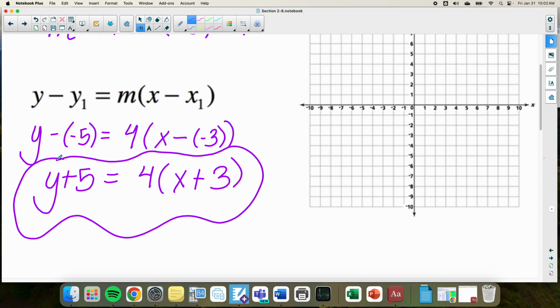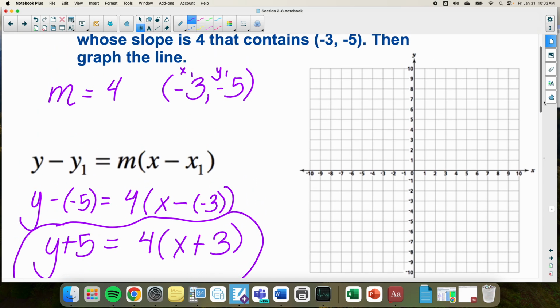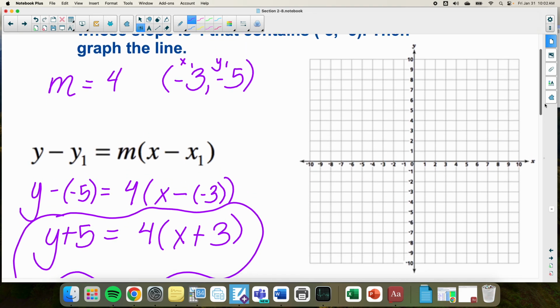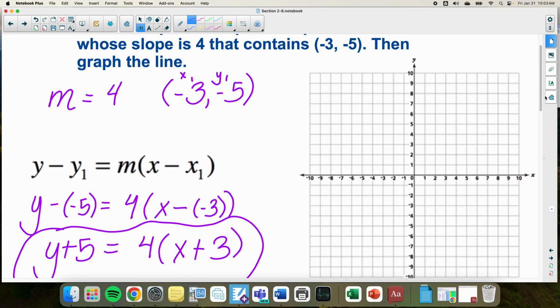All right. Then what we're going to do is we have to graph that. So I am going to go to my graph. I'm going to plot the point (-3, -5) right here. And then my slope is going to be 4. What do you think I could put that 4 over? 1, yes.